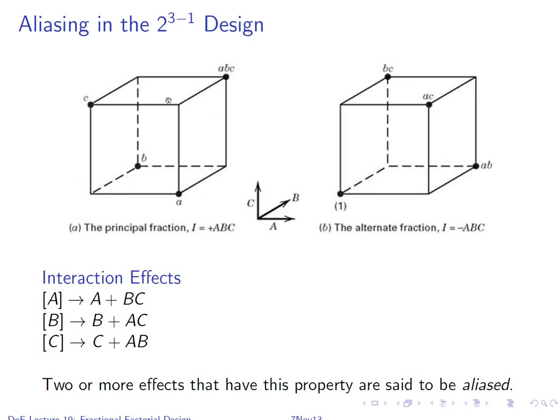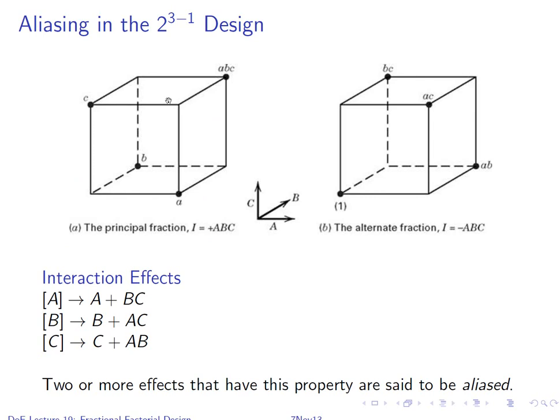Measure the main effect B, it's the effect of the factor B confounded with the two-factor interaction AC. And when I compute the main effect of the variable C, it measures the effect of the factor C, as well as the two-factor interaction AB. So each of these main effects are confounded in some way.